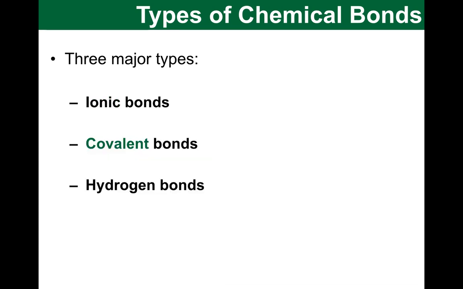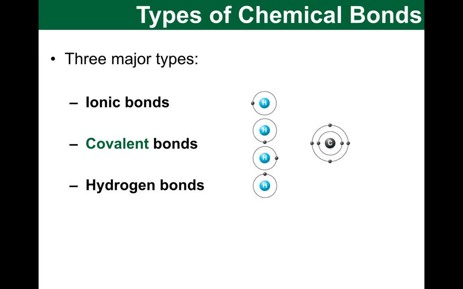Now, let's look at covalent bonds. In this case, atoms are still looking to have a full outermost electron shell, but instead of completely handing over or receiving an electron, an electron is shared by two atoms. Let's look at an example of this. So here we have 4 hydrogen atoms, and for each one of these to get a full electron shell, each one would need one more electron on its outermost shell.